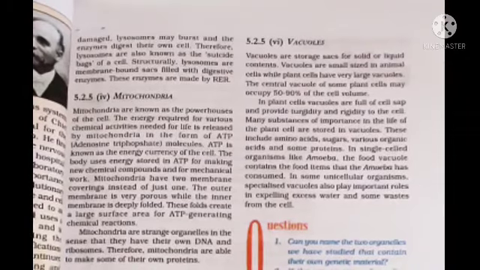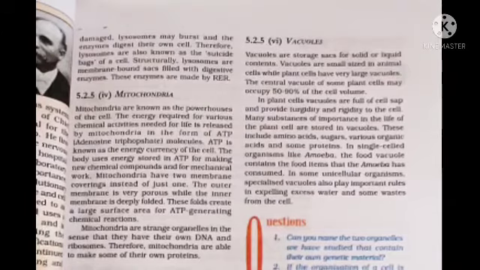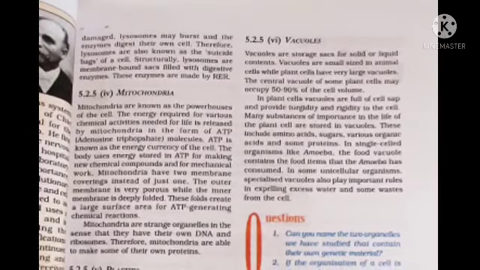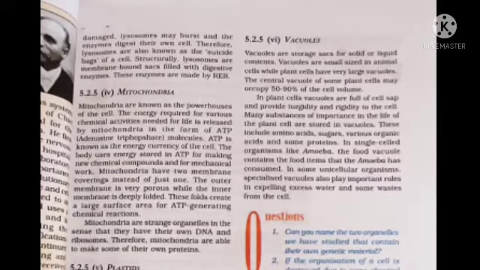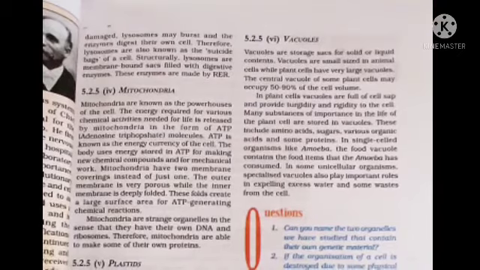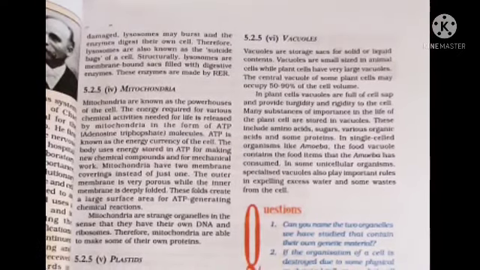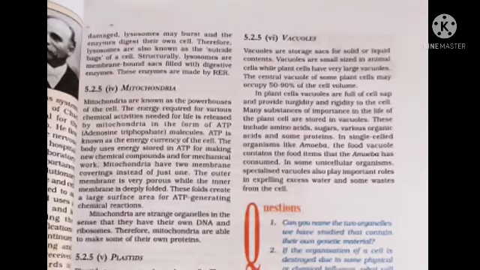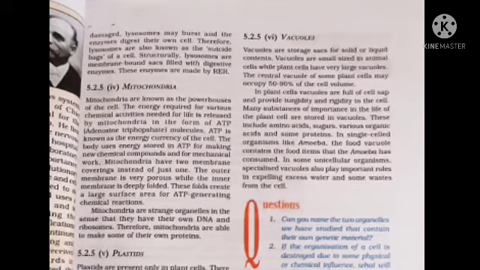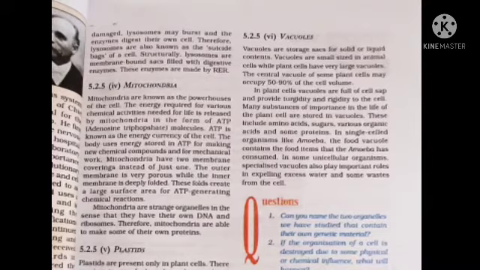Pro means primitive or primary, and karyon means nucleus. The organisms which have a well-defined nuclear membrane are called eukaryotic organisms, having eukaryotic cells.